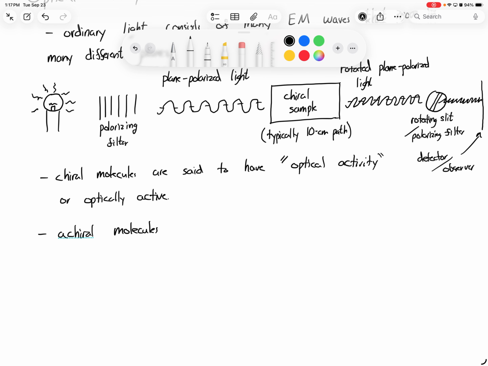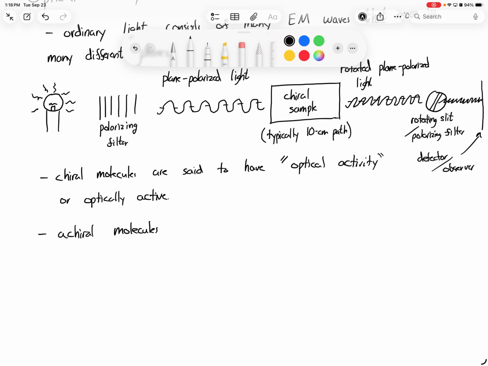Okay, because one half of the molecule is the same as the other half of the molecule. They're symmetric, so they won't interact with it any differently from another isomer, right? So that's why they don't interact with light at all. There's no preference based on whether it's the right-handed isomer or the left-handed isomer.